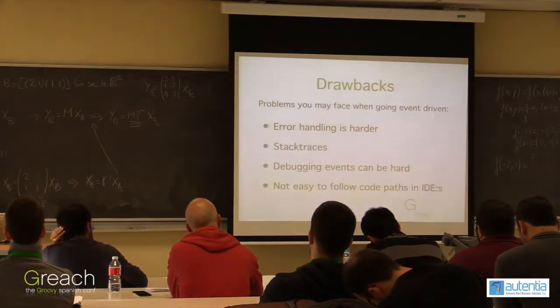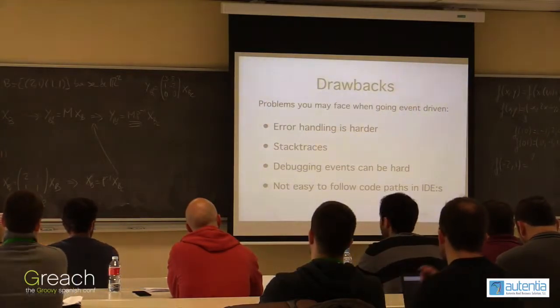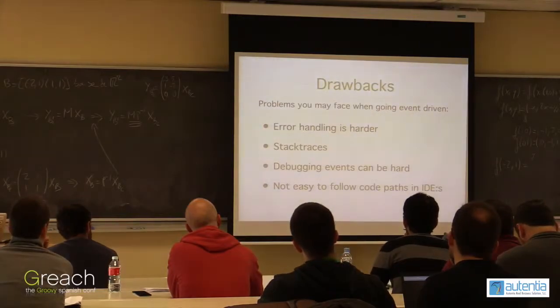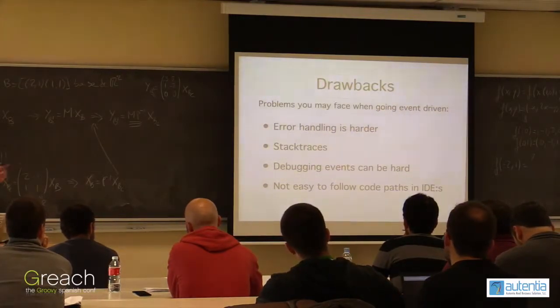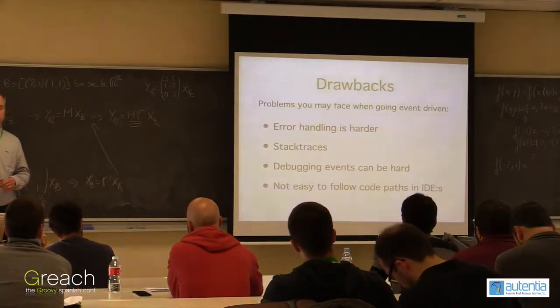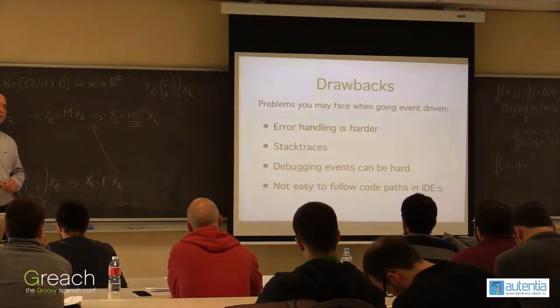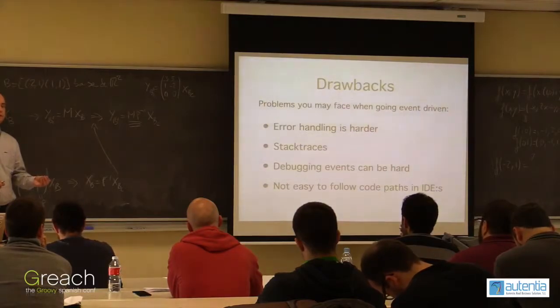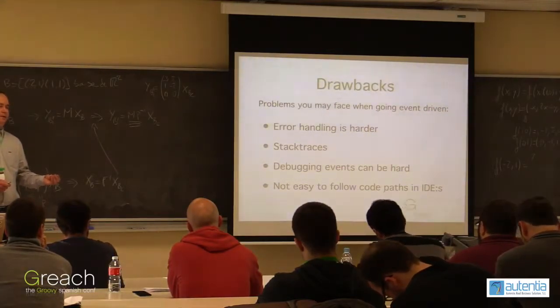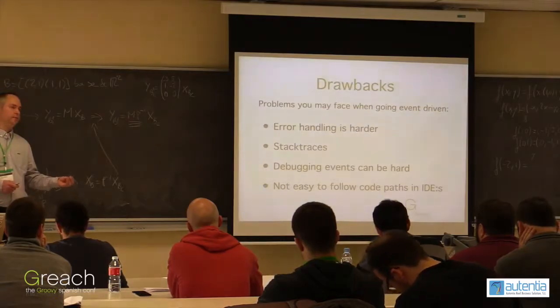But what are the drawbacks of working with events and sending messages? Well, error handling can be a little harder to track down when you get an exception somewhere. You get an exception somewhere in the email plugin.